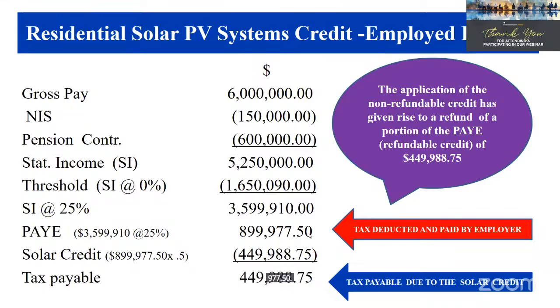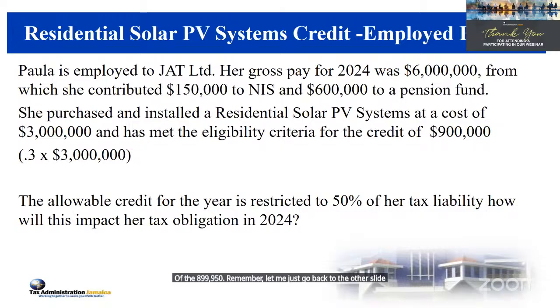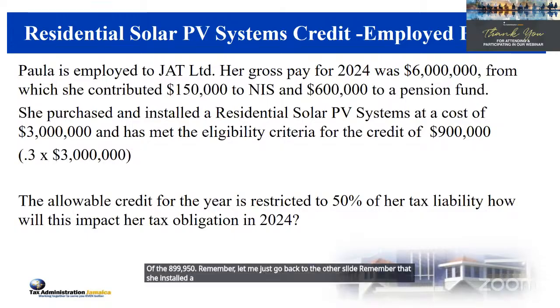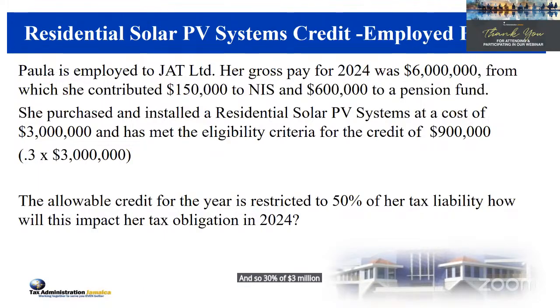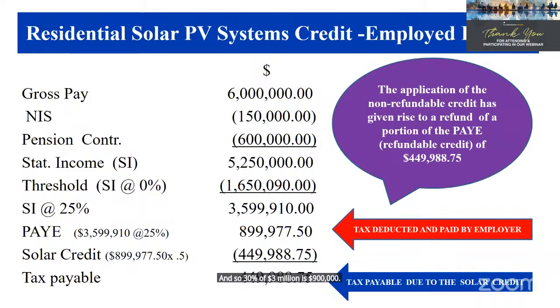$899,977.50. Now, the solar credit that she can get for this year is restricted to 50% of the $899,950. Remember, let me just go back to the other slide. Remember that she installed a system for $3 million. And so 30% of $3 million is 900,000. If you notice here, her tax payable for the year is actually below the $900,000.